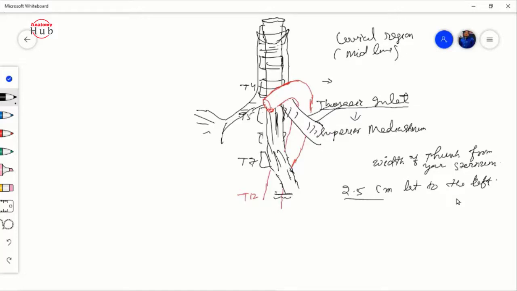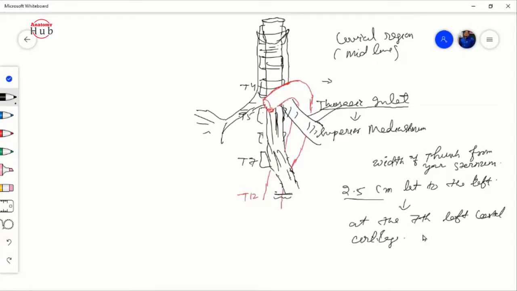Yes, sir. Okay. And this will be present at which level? At the 7th left costal cartilage. Right.